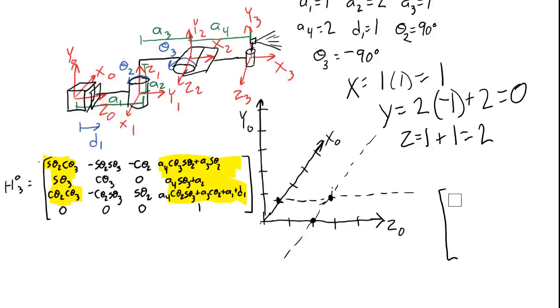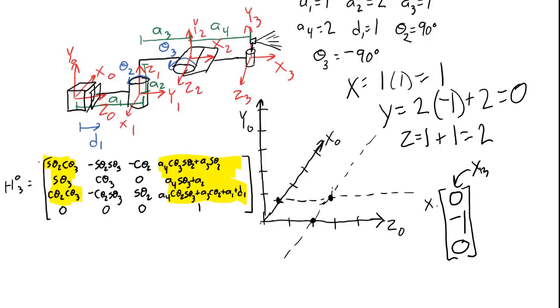So this ends up being 1 times 0, which is 0. Then the sine of theta 3 is negative 1, because theta 3 is negative 90. So the sine of negative 90 is negative 1. And then we do the cosine of theta 2, which is going to be 0. So this is our x3 position.